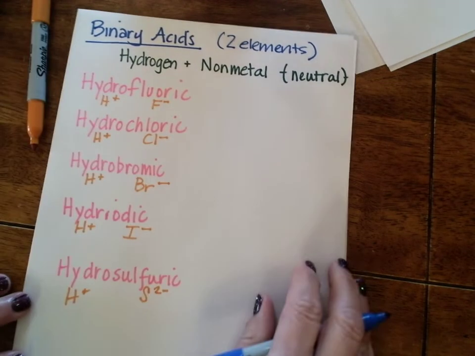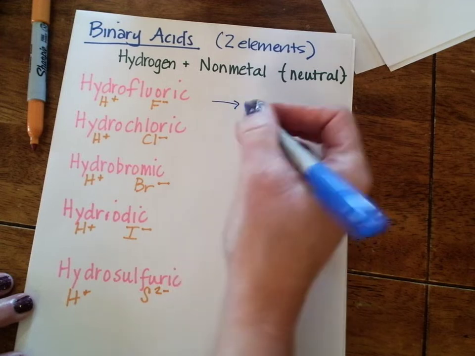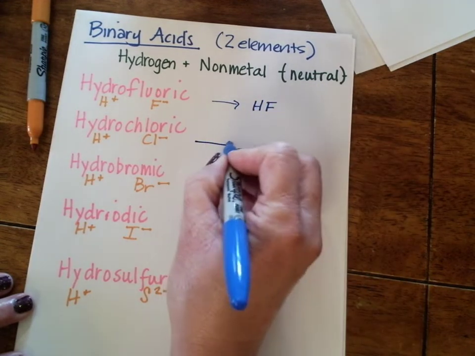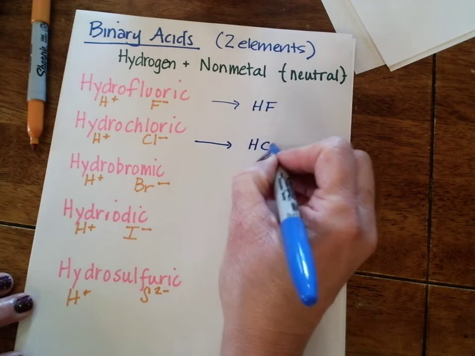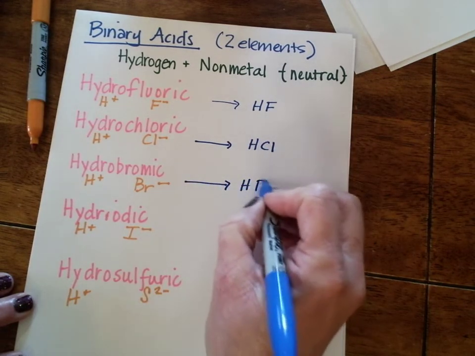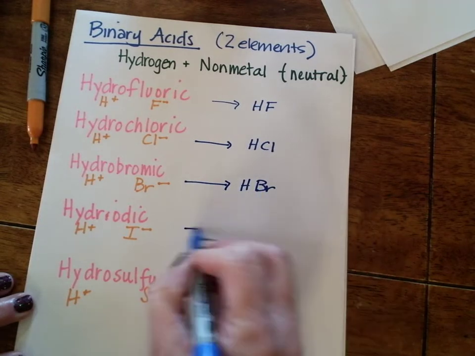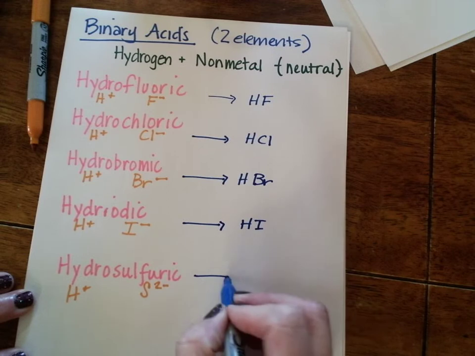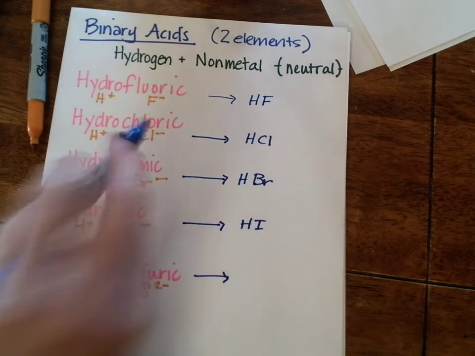So then I have to take those and I have to make them into their formulas. So I have HF for hydrofluoric acid, HCl for hydrochloric, HBr for hydrobromic, HI for hydroiodic. And that was easy because these were all 1-to-1 charges.